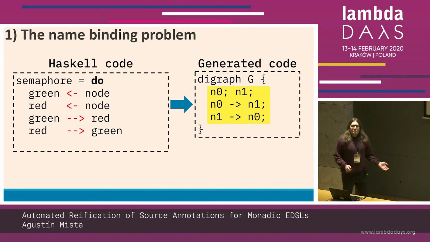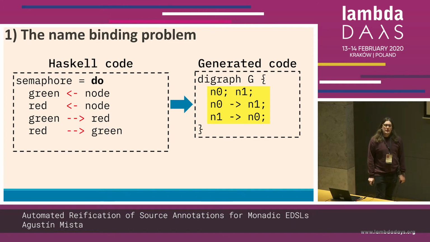This is a very common problem for EDSLs generating code. So common that the usual solution for this is that the programmer explicitly asks us to also write the name in the computation that generates the node, write the same name using a string. All right, so this is the common solution. And from here we can generate the code that we originally wanted.